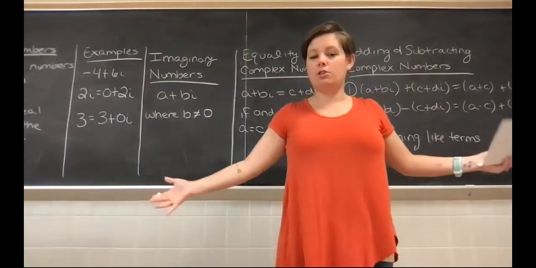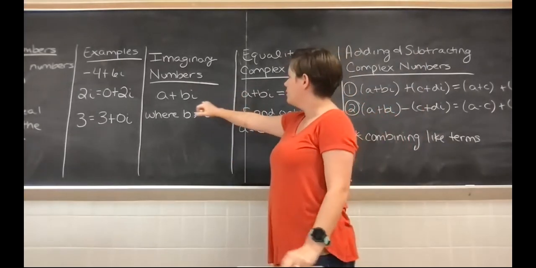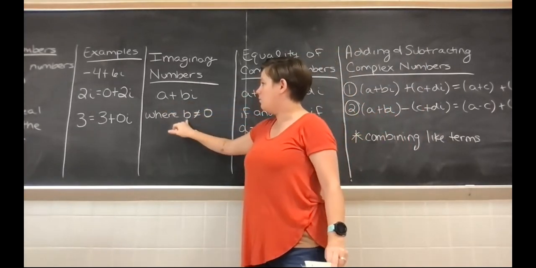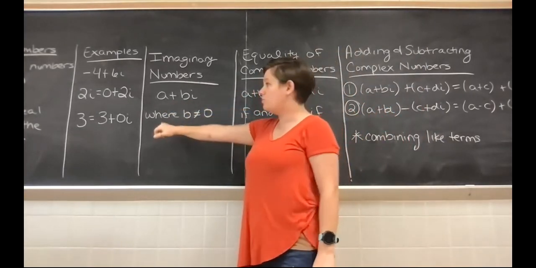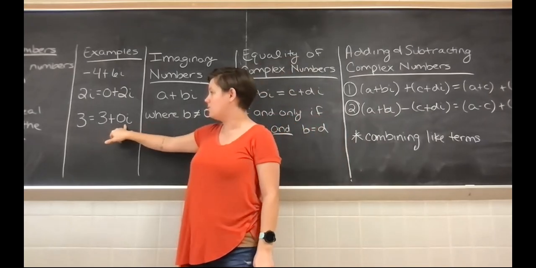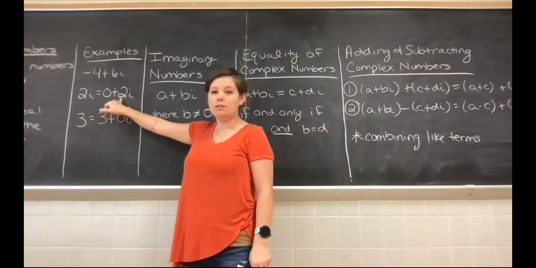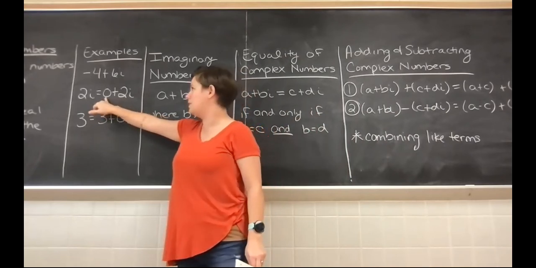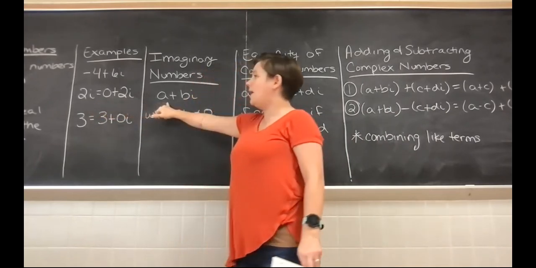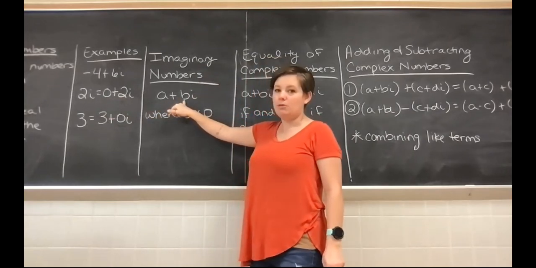And those are all under the complex box, but the imaginary circle is a plus bi, where b does not equal 0. So 3 is not imaginary. 3 is a real number, and that's because we have 0 for i. Now 2i isn't real, it's imaginary, because you can write that as a plus bi. So a can be 0 in the imaginary numbers, but b cannot be 0.